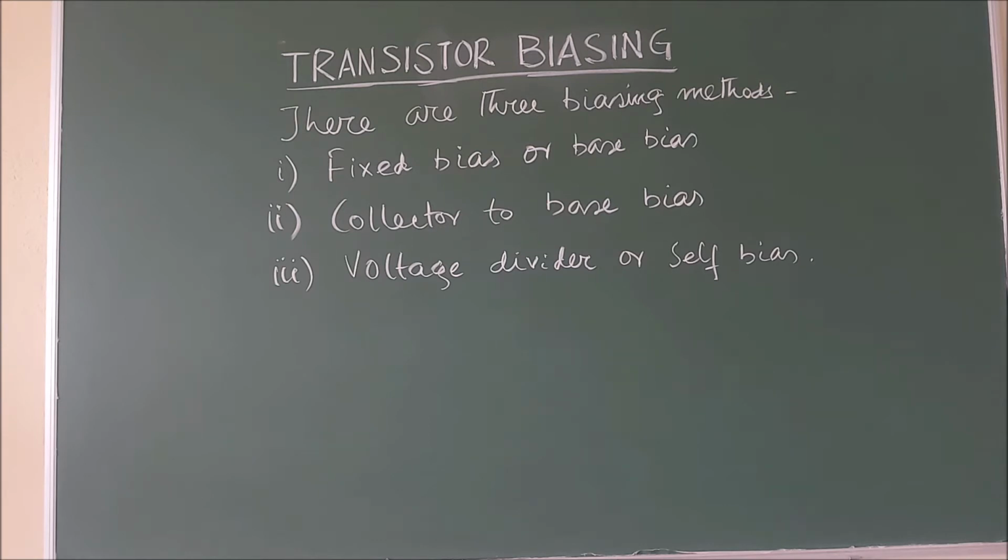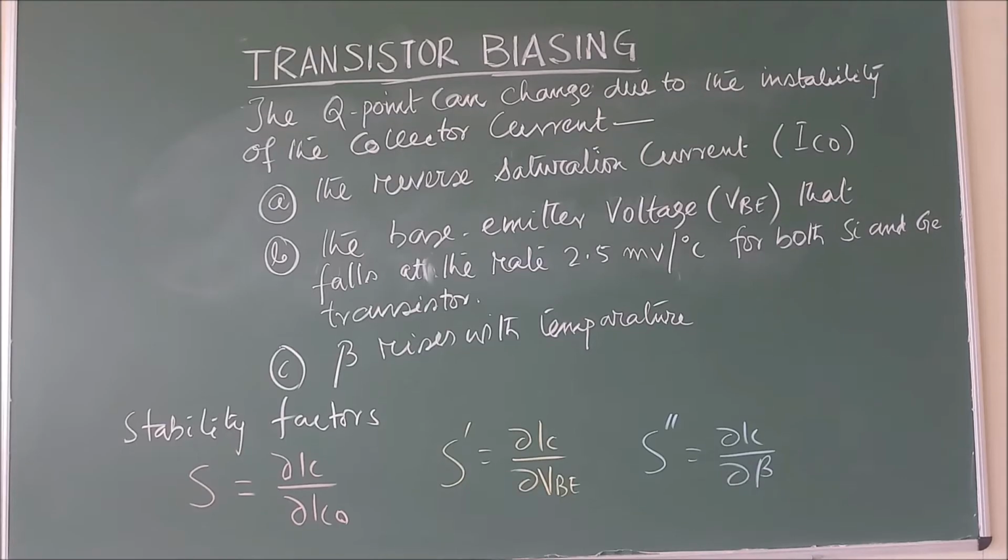Now the operating point or Q point changes due to some conditions. The operating point can change due to the instability of the collector current. This instability of the collector current comes from various sources.